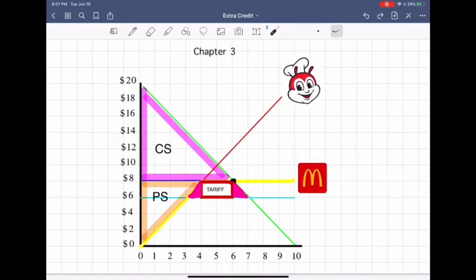You will notice there's a slight movement in the consumer surplus and producer surplus at this point. In chapter 2, we had a much bigger consumer surplus and a much smaller producer surplus. But right here, we have a little increase in our producer surplus and a decrease in our consumer surplus.